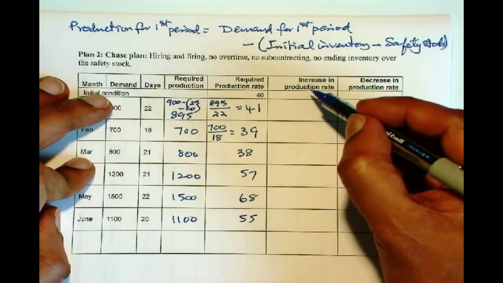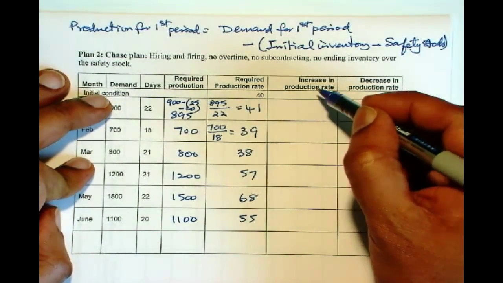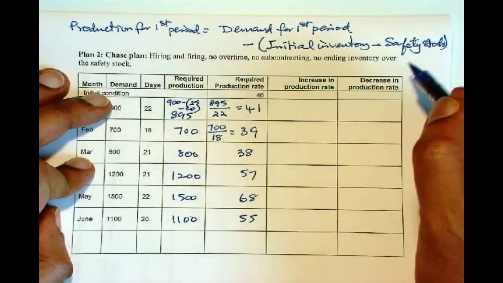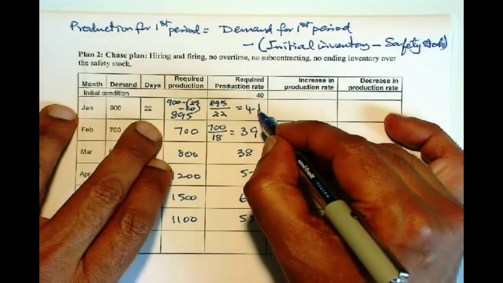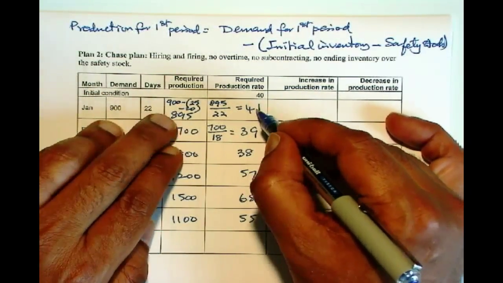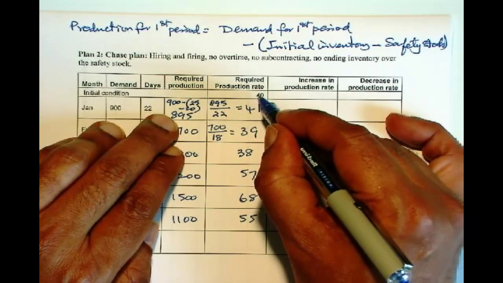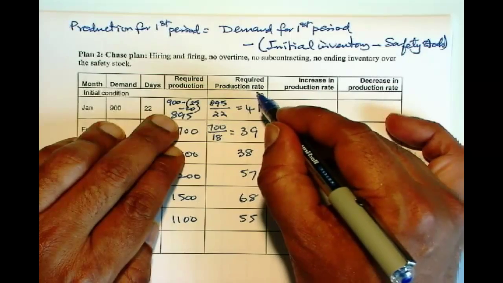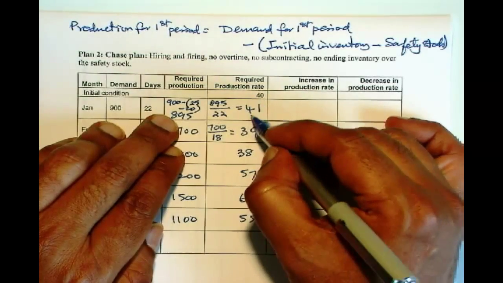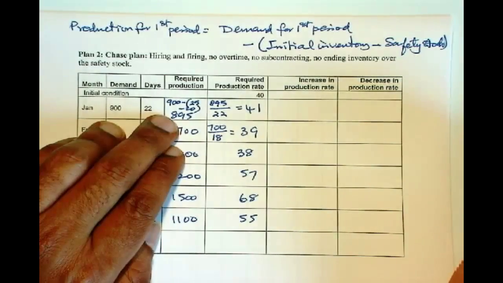So now we can look at the hiring and firing, increase and decrease. So the first month we compare it against the initial condition. So initial condition, this is given, the previous production rate, the current production rate before the beginning of January is 40.